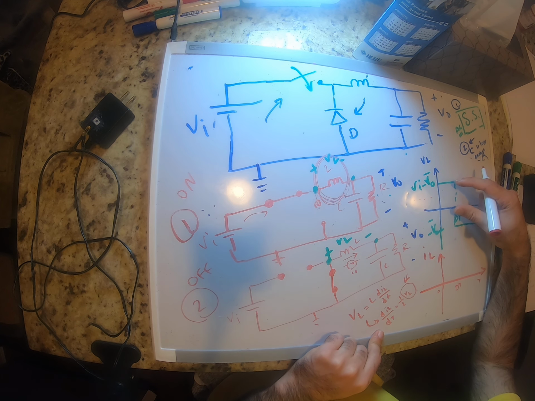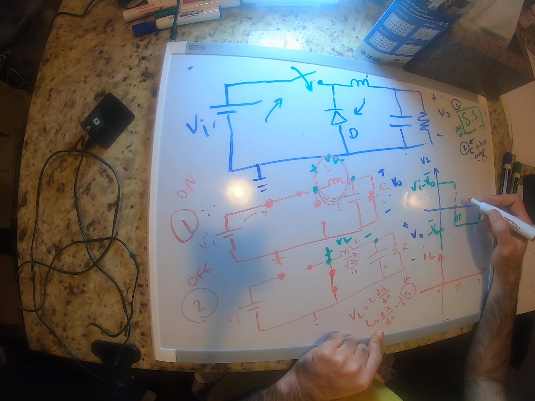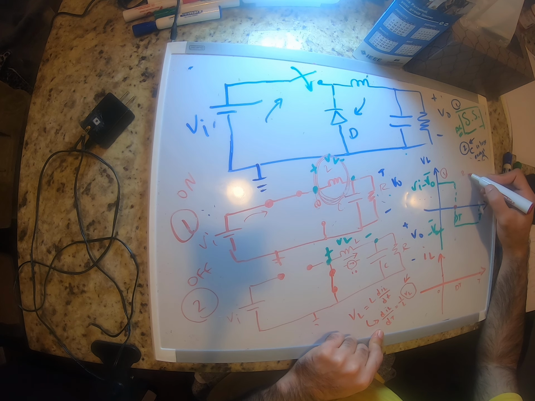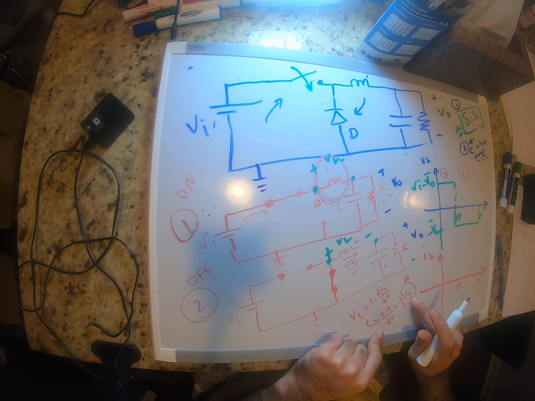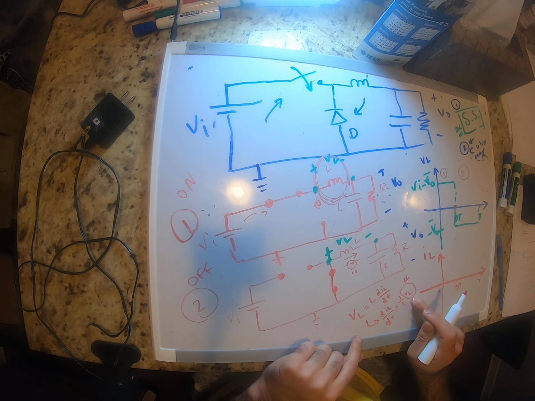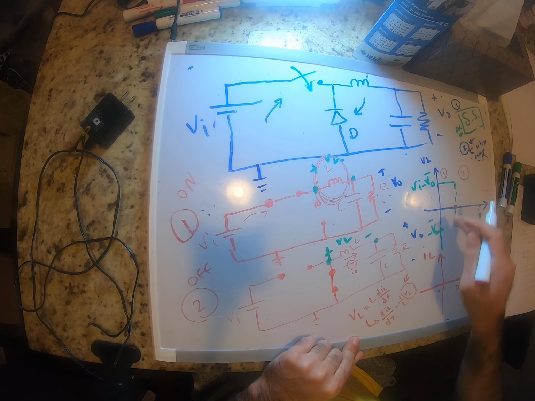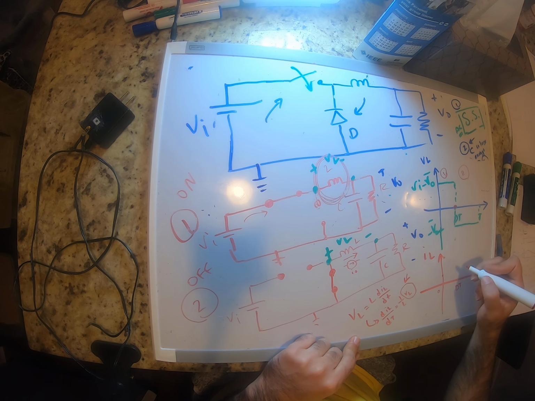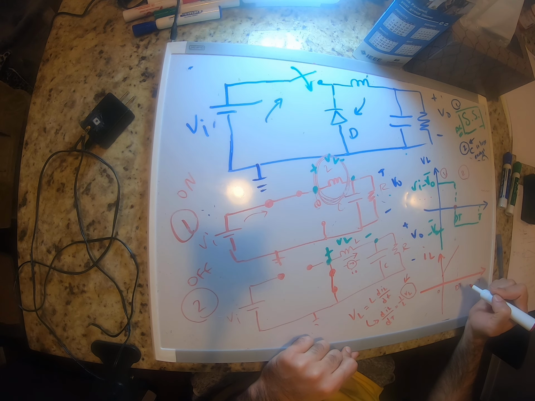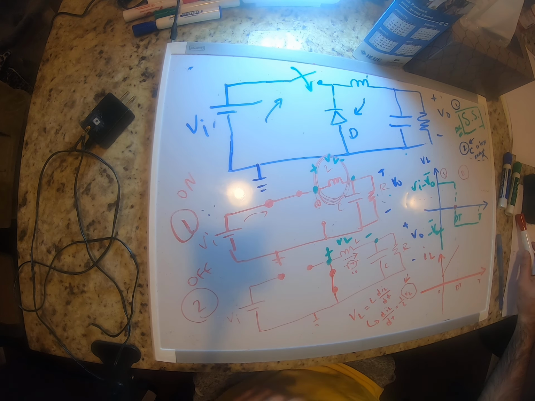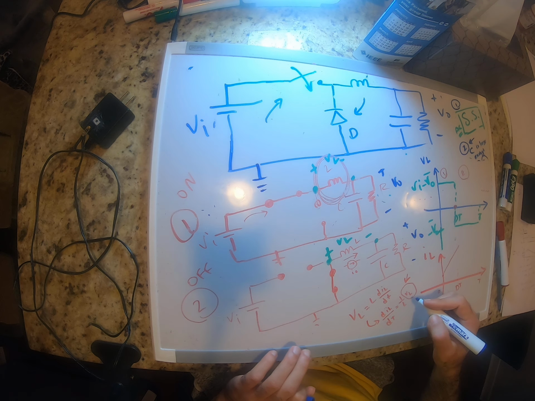Because we have a positive voltage across the inductor in the first state, this is state 1 when the switch is on, this is state 2 when the switch is off, and it's constant, it means that the current that flows through the inductor is going to increase with this slope.